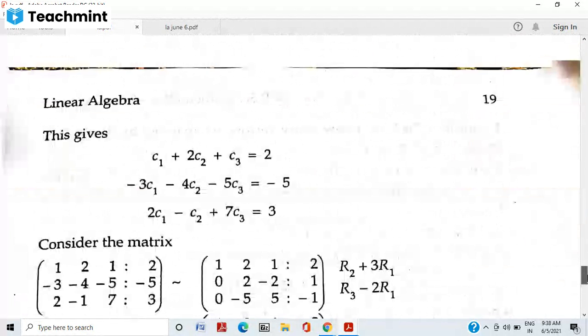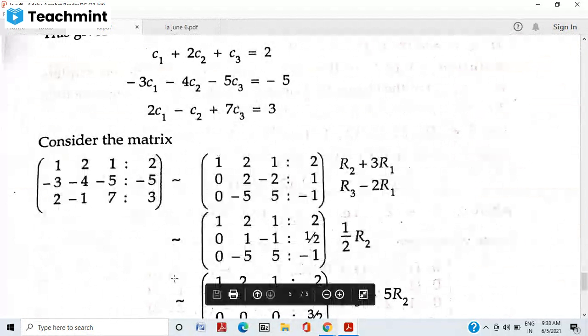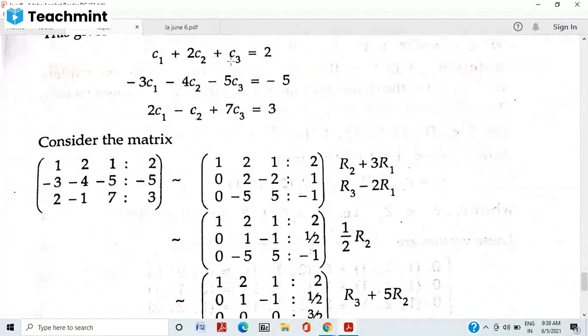After getting that equation, we will change that one into matrix. Then what we get? First row we get as 1, 2, 1, 2. Then minus 3, minus 4, minus 5, is minus 5. Then 2, minus 1, 7, it is 3.